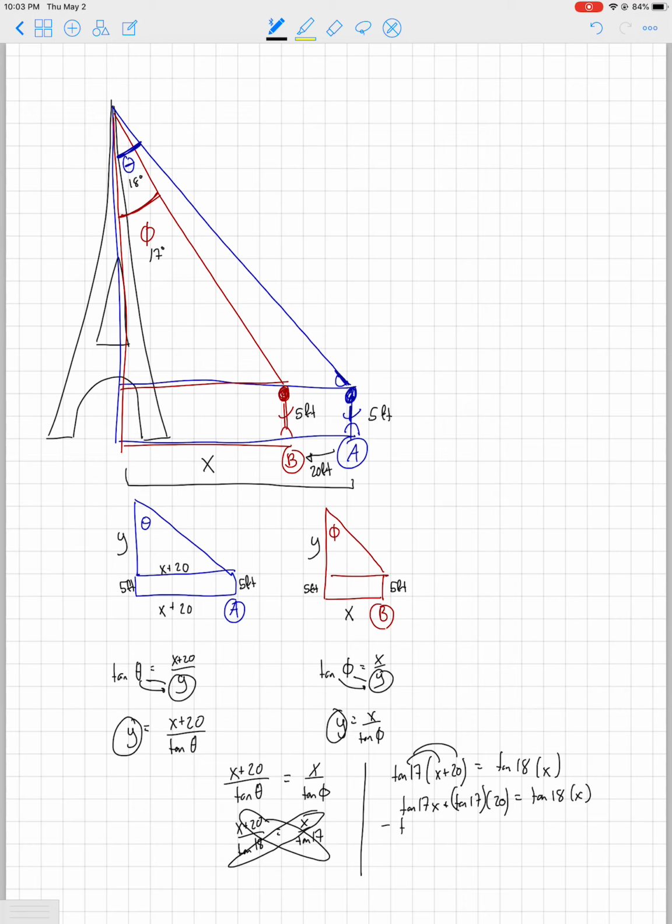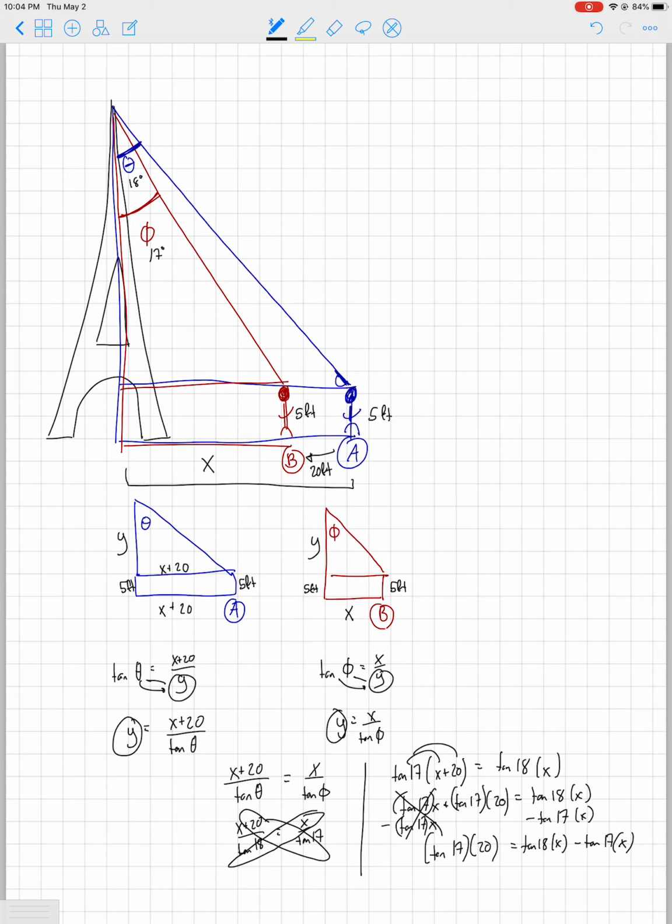To do that, we can subtract this over. So these cancel out, and we're left with tangent of 17 times 20 equals tangent of 18x minus tangent of 17x. At this point, it's probably easier if we just find the decimals of tangent.